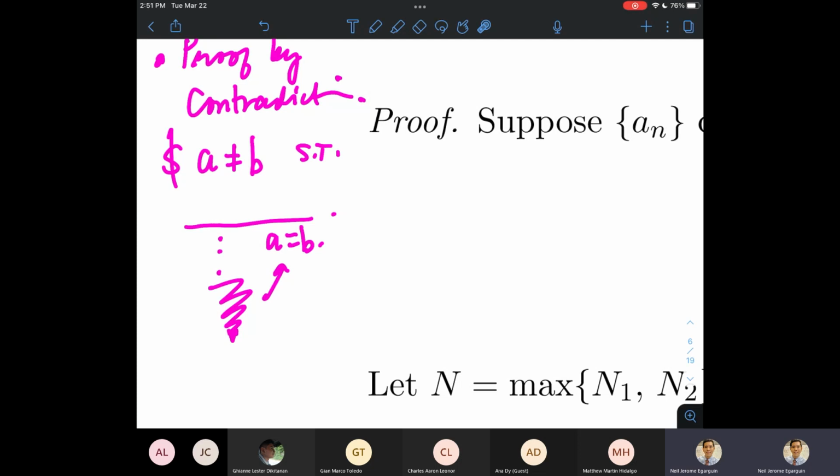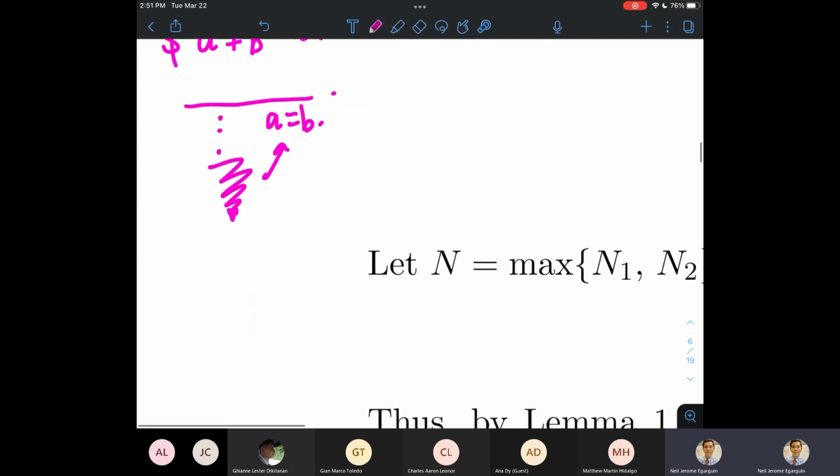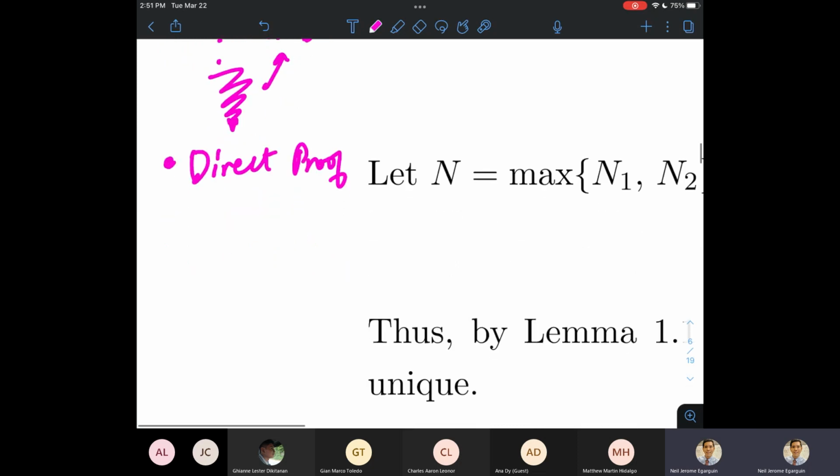If that's your contradiction, then it's very easy to rewrite this into a direct proof. Okay. And I think this is what is done in the lecture notes, okay? Pag direct proof naman yung gusto mong approach, so you assume that there exist two numbers.